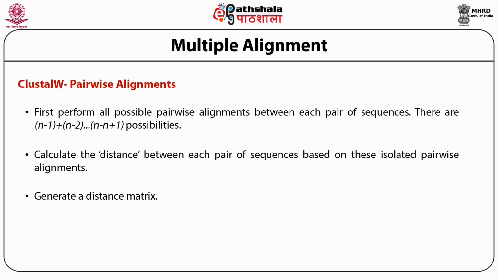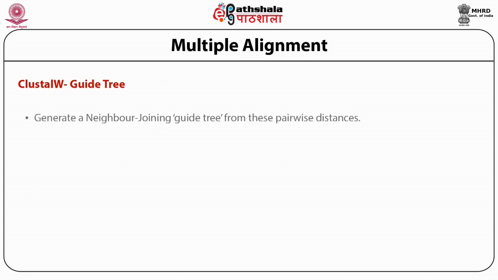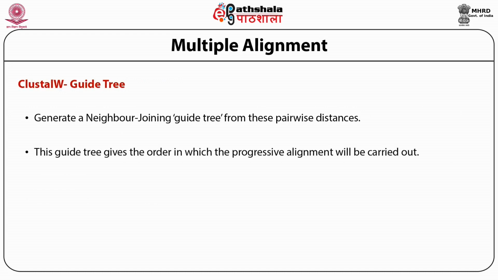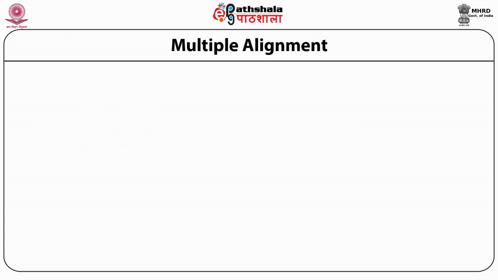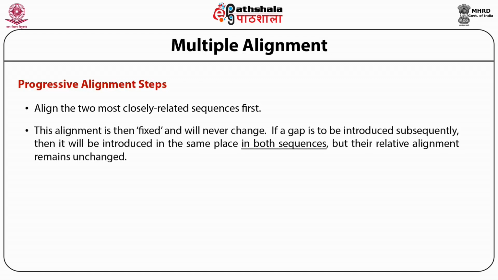Let us call this the distance matrix. Now given a distance matrix, you can create what is known as a neighbor joining guide tree from these alignments. This guide tree will give you the order in which the progressive alignment will be carried out. So this guide tree is constructed like this: that pair of sequences which has the highest score or which is the most closely related, align them first, and then this alignment is considered fixed and will not be changed.